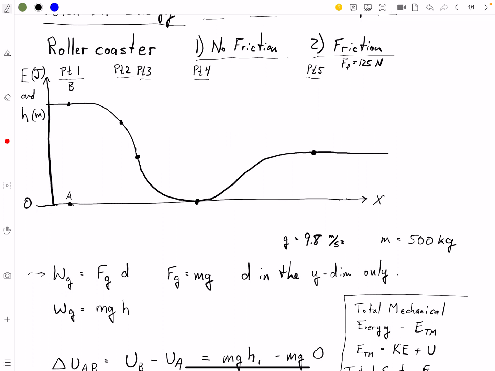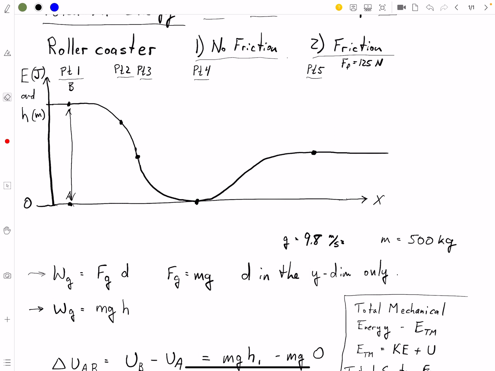The distance is in the y dimension only. Because gravity is a conservative force, it doesn't matter side to side what we do. It only matters from there to there. So from point A to point B is all that matters. So when we figure out the work of gravity, or the potential energy that gravity can have, we're going to come down here.